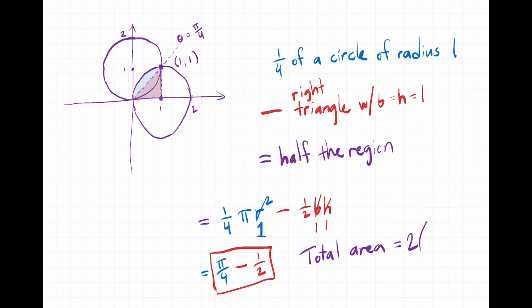It is going to be 2 times pi over 4 minus 1/2, which is pi over 2 minus 1. That is the total area of this region of intersection between the two circles.